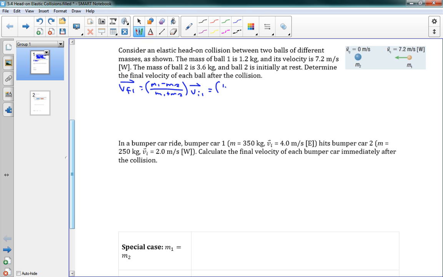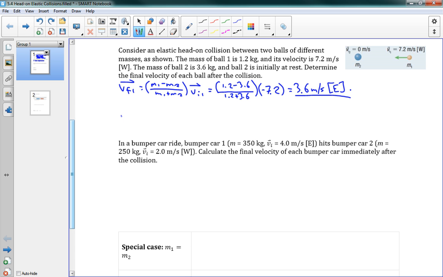We've got 1.2 minus 3.6 over 1.2 plus 3.6 times negative 7.2. I'm picking east as positive, so it's going 7.2 west. So this comes out to 3.6 meters per second east. And there we go. That's half the problem done.